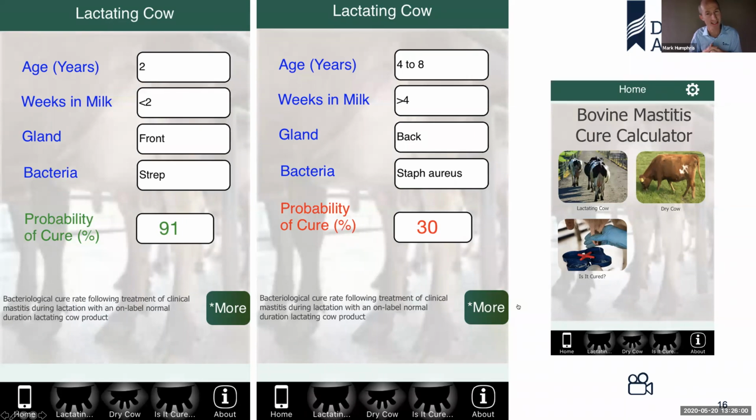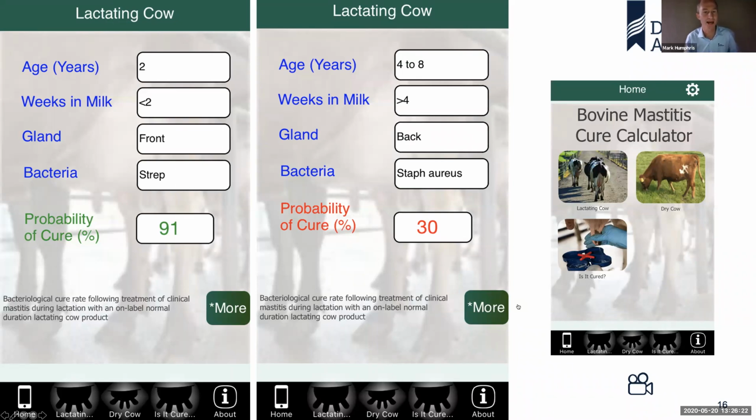Because the faster we work out when a cow is not treatable, it's much better for you in terms of your business and profitability and your wallet, and much better for the rest of the herd in terms of the risk that that cow poses if she's retained within the herd.